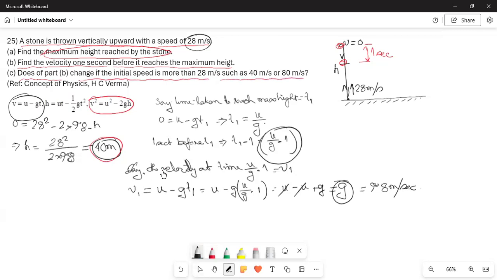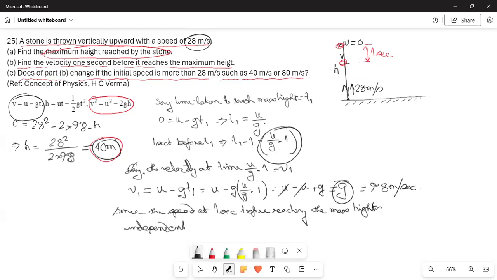The answer to this question is that the velocity 1 second before the maximum height is independent of u.